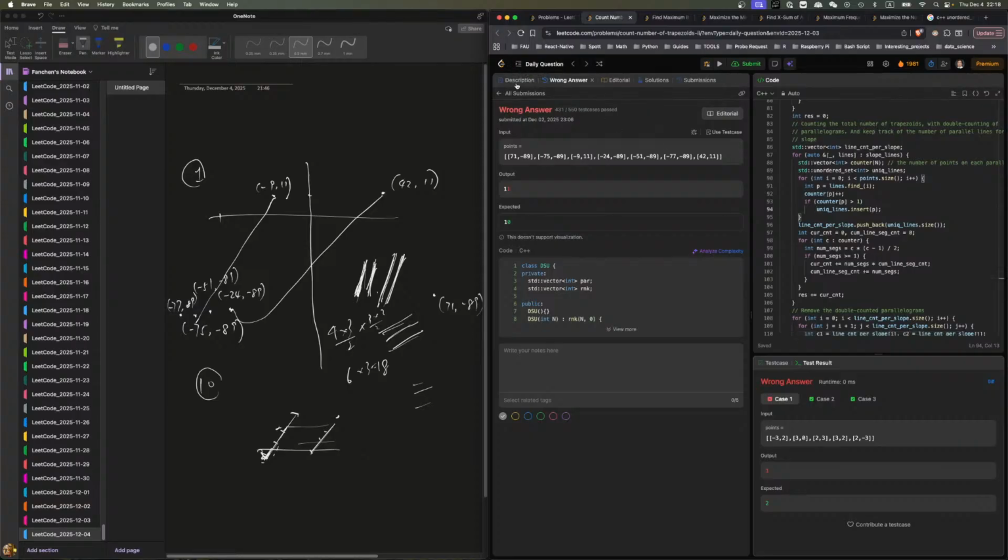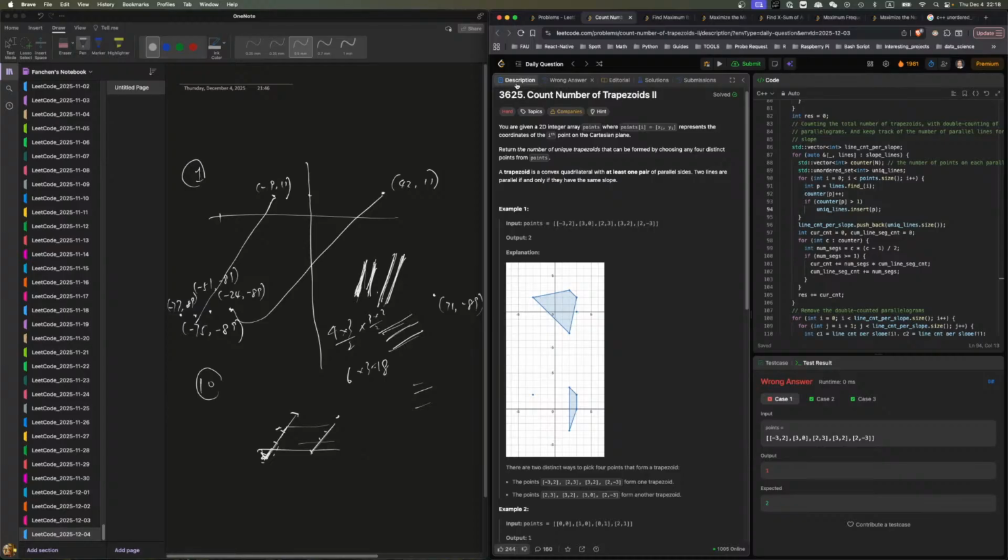What the hell? So the first one, why? So this I shall have 2. So parallel lines, I have this. These two are parallel lines. And then I have this. Oh, you gotta be kidding me.